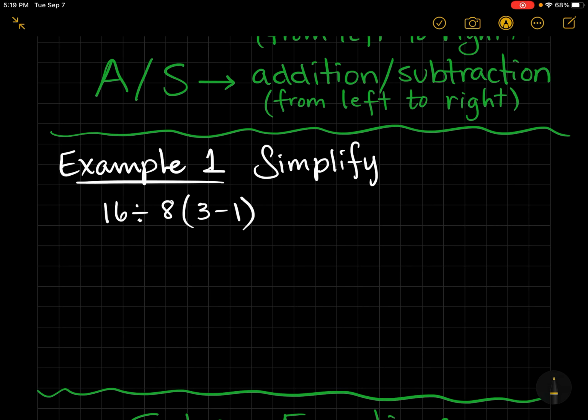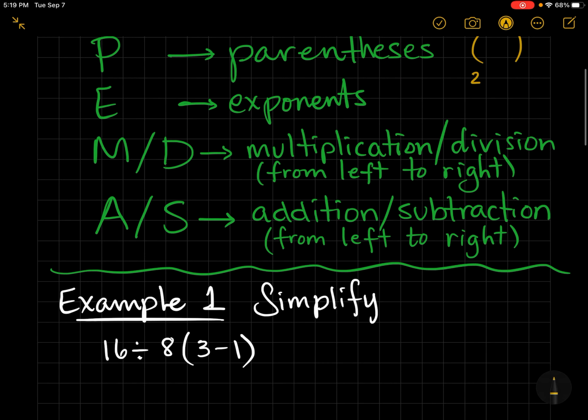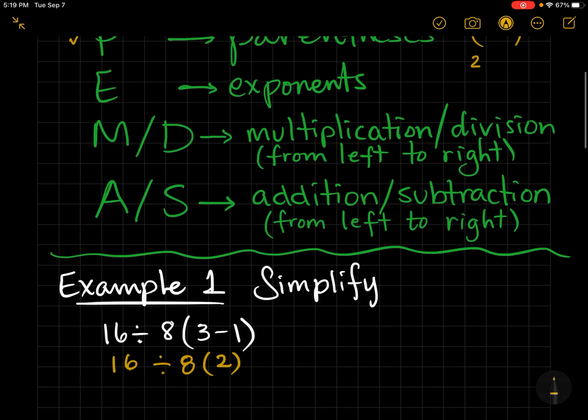Okay, so we're going to look at please excuse my dear Aunt Sally, and I'm going to do parentheses first. So I'm going to rewrite everything and only do what's in the parentheses. Now, the next thing I want to do is I have division here and I have multiplication.